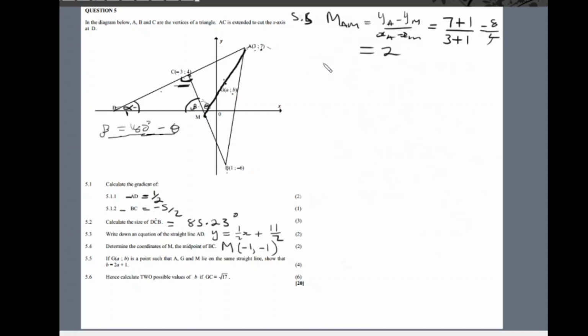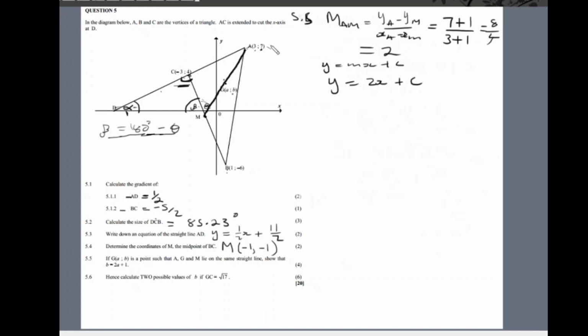So we know the equation of a straight line is in the form y equals mx plus c, but then I already have the value of m, which is 2, so my equation is y equals 2x plus c, right? So now I'll need to calculate the value of c.